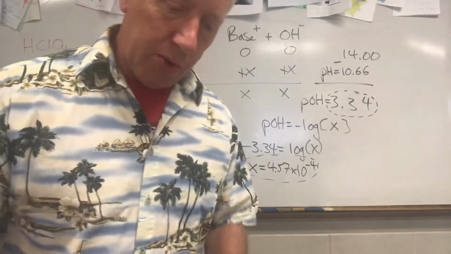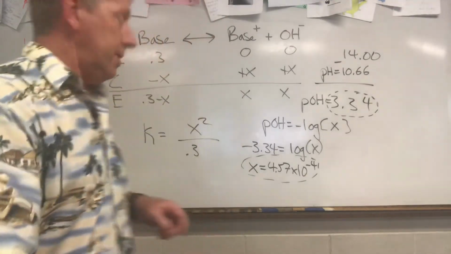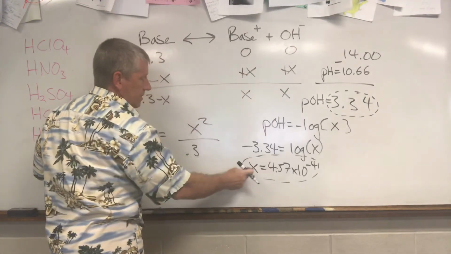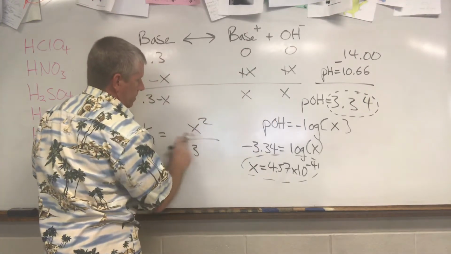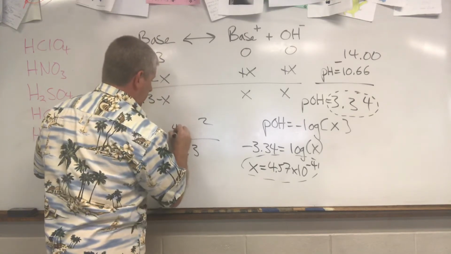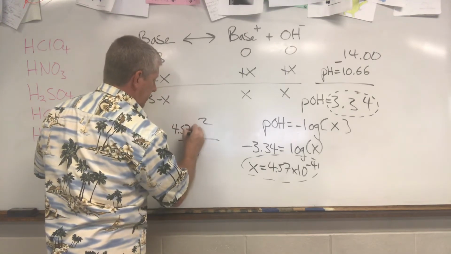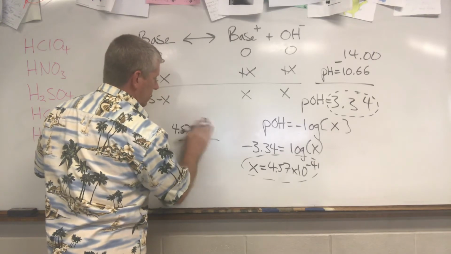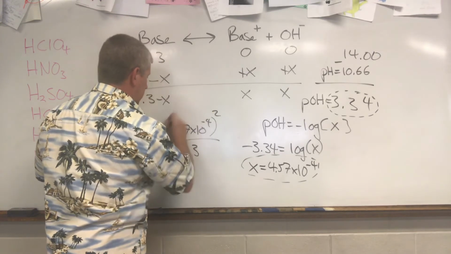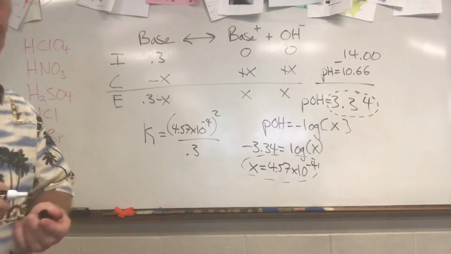We are so close to being done. Now that you know what the OH is, which is the x, put it here, and then solve for K. So 4.57 times 10 to the negative 4 squared divided by 0.3.